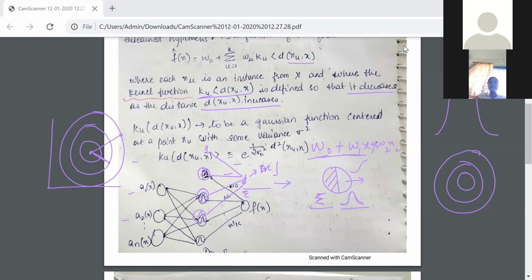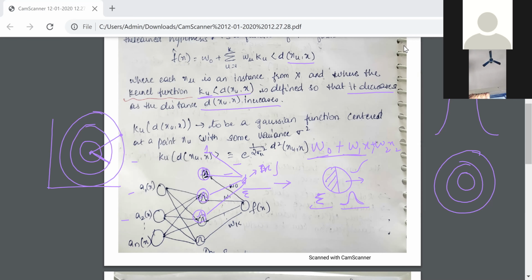As simple as that. The value of the kernel function is defined so that it decreases as the distance increases. So when the data point goes farther and farther, which means the distance is more, the kernel function will have a lesser value for that.